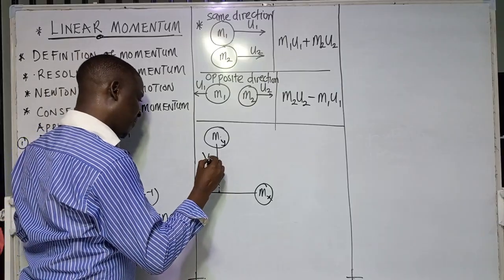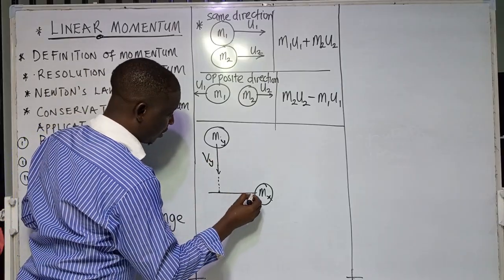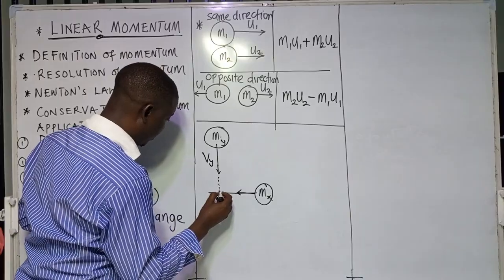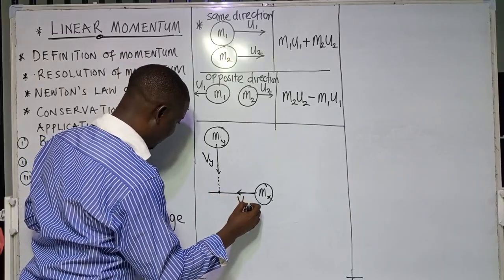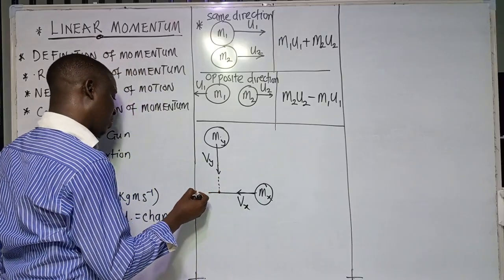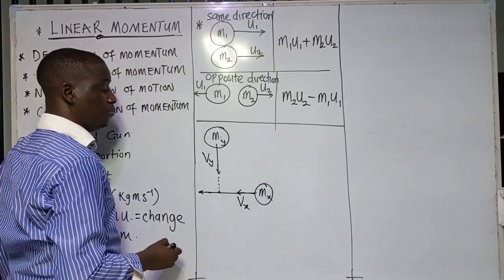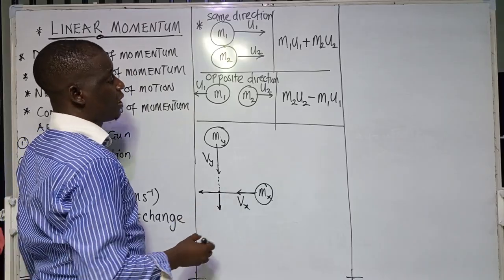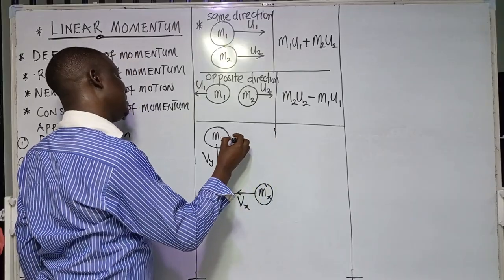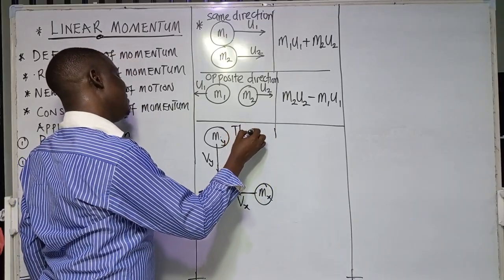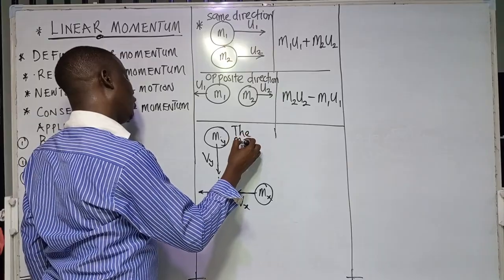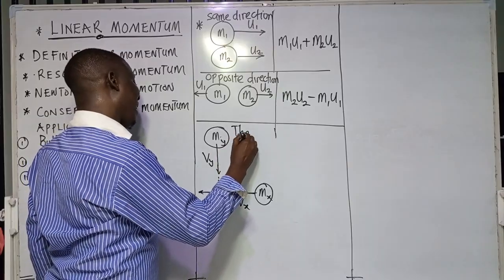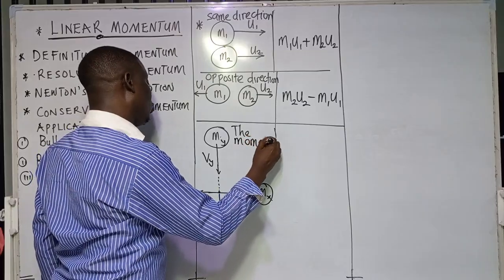Then this one is coming with the velocity vy, and this one is approaching the origin with vx. Now, don't forget that this one will not continue the motion like that, this one will continue like this. In this case now, the momenta are perpendicular.